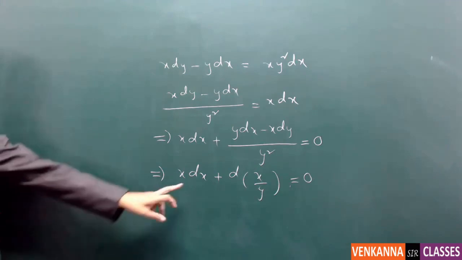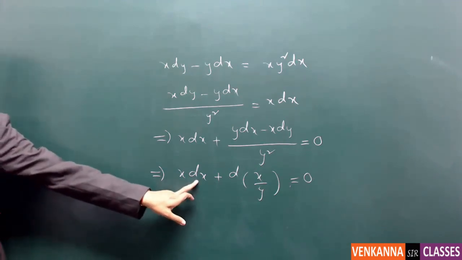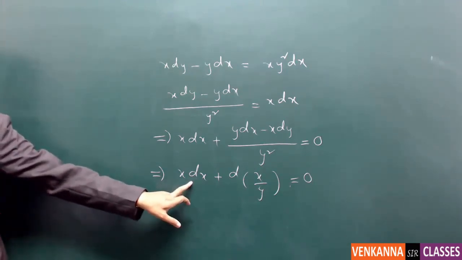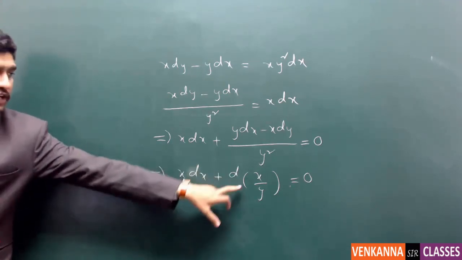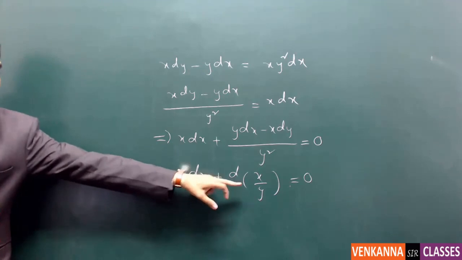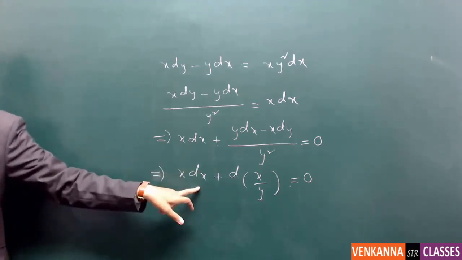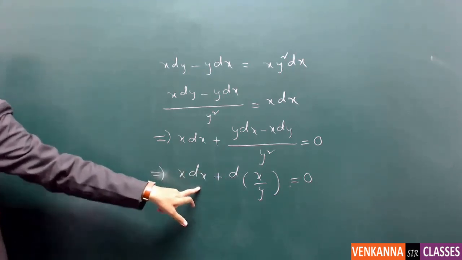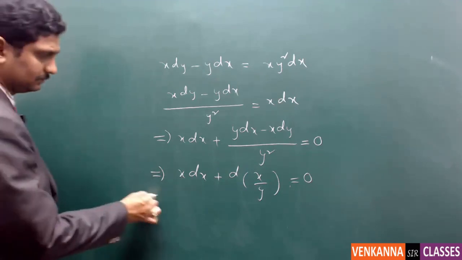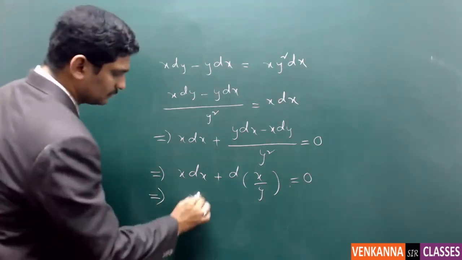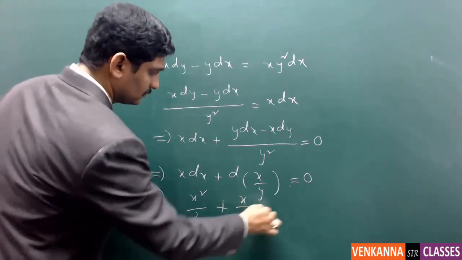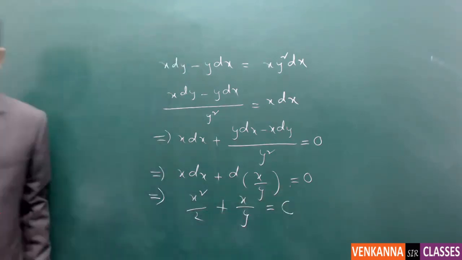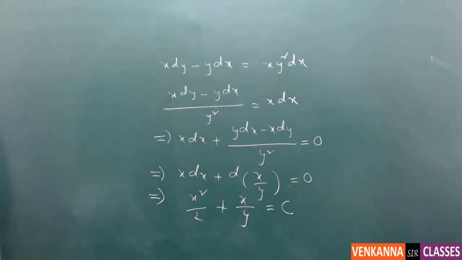Now here, x and the corresponding differential exist. So you can integrate this, and this is the derivative of x by y. So you can directly integrate the given equation. Hence, the result will come as accepted or not.